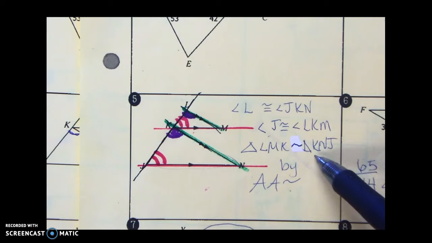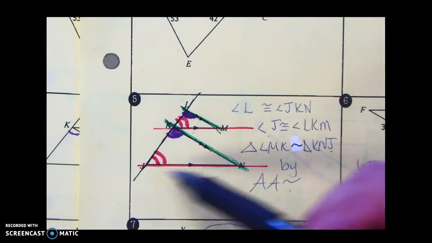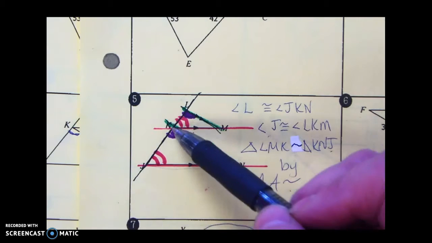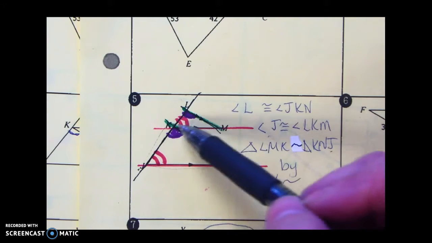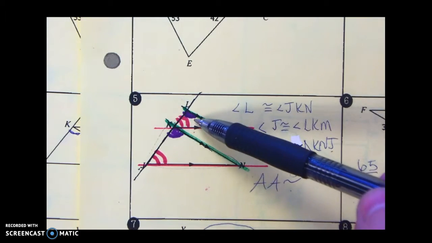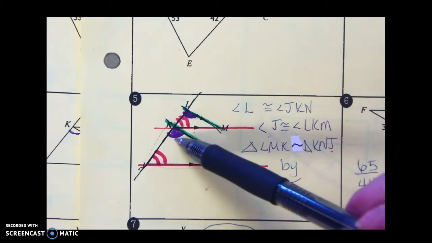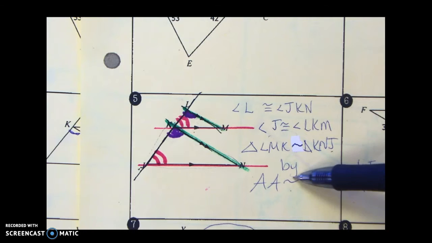triangle KNJ. Notice I go in the same direction, from here to here to here, and back up again. From here to here to here, and back up again. Okay, so I've got 2 angles of this triangle that are congruent to 2 angles of this triangle, so the triangles are similar by angle.